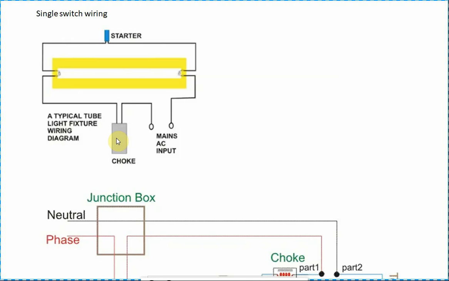That higher voltage is needed for the filament. In the tube light, the mercury has to be converted from liquid into vapor, and that conversion needs a higher voltage. The starter boosts the voltage, and the choke maintains and limits it. This is the purpose.